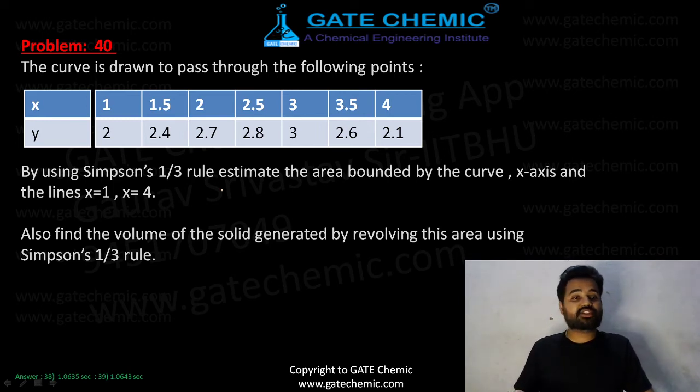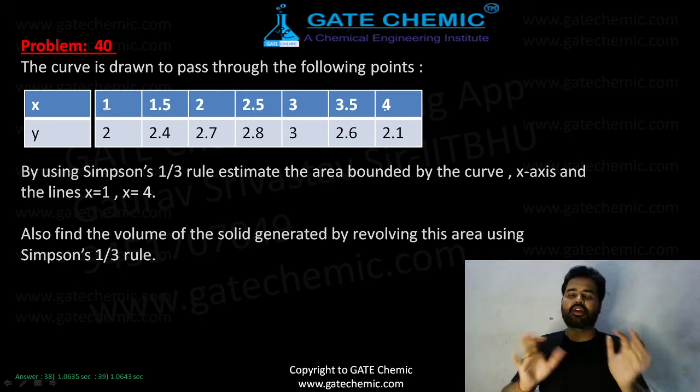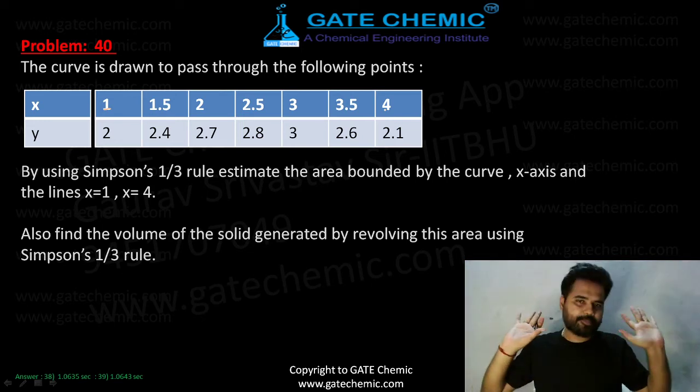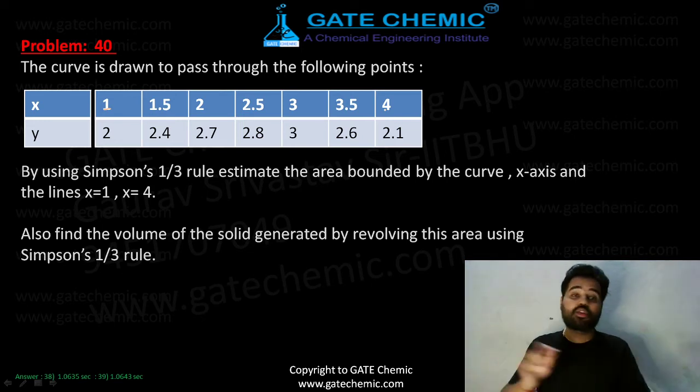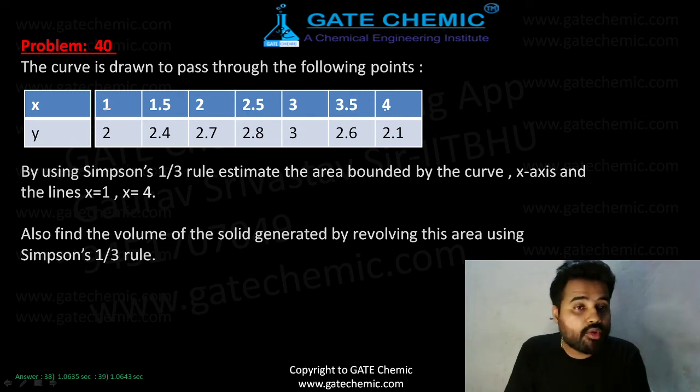First, by using Simpson's 1/3 rule, estimate the area bounded by the curve, the x-axis and the lines x equals 1 to 4. The limit is the same, so I can use the fold table. Also find the volume of the solid generated by revolving this area using Simpson's 1/3 rule.